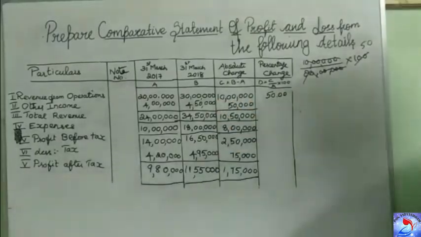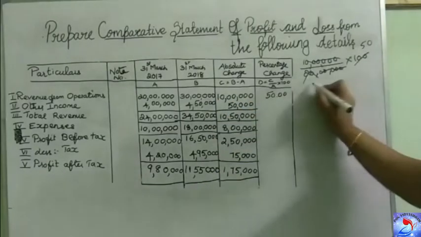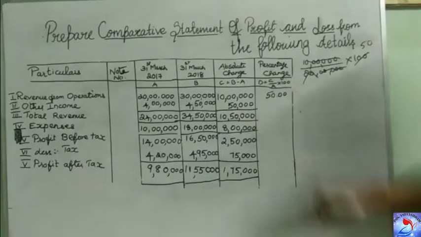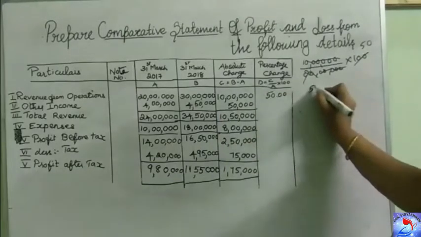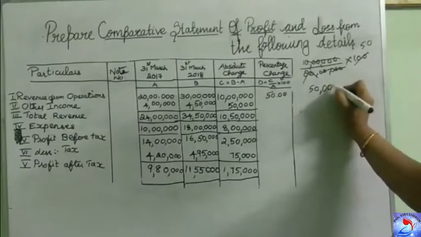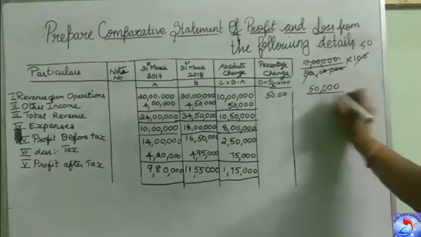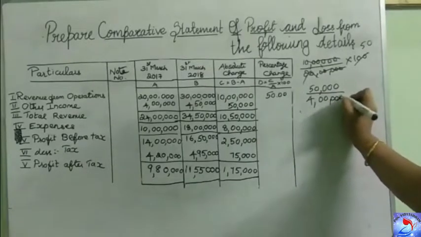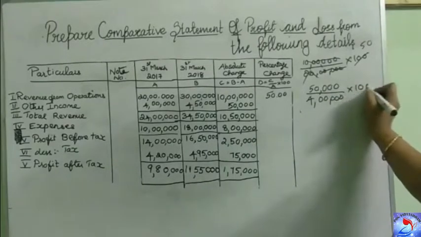Then for other income, how will you calculate? Again C by A into 100. C is the absolute change, 50,000, divided by 4 lakh, into 100.